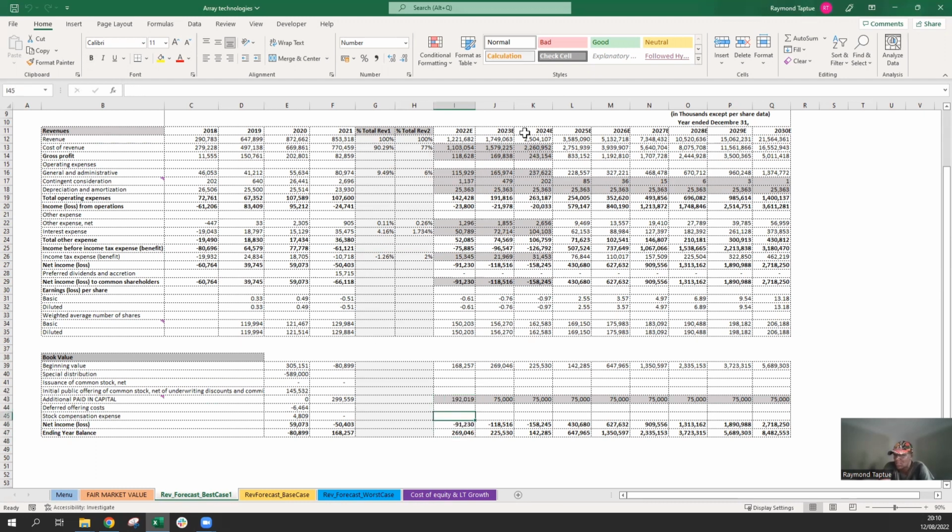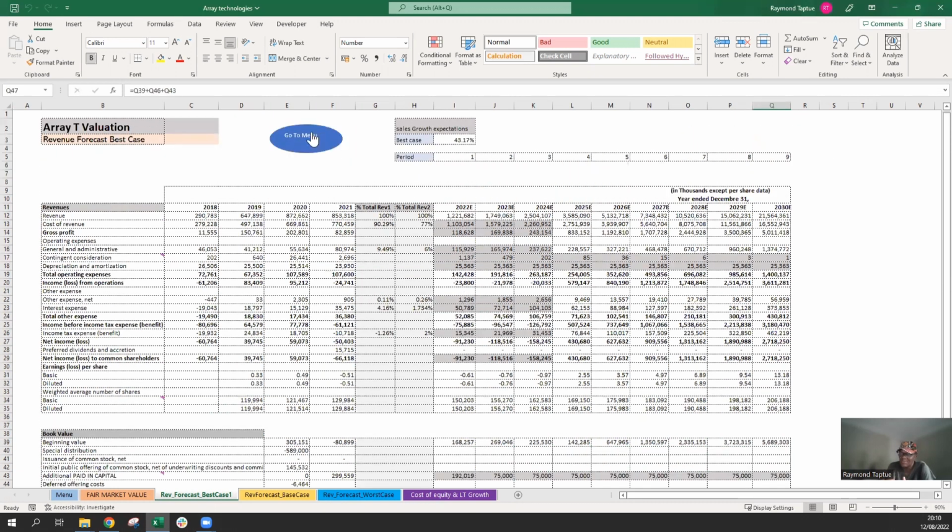And using, obviously, the net income that we have forecasted, by populating this cell, this is our ending balance of book value per share that we will use in the model. So this is our book value that has been forecasted over the investment horizon that we determined.